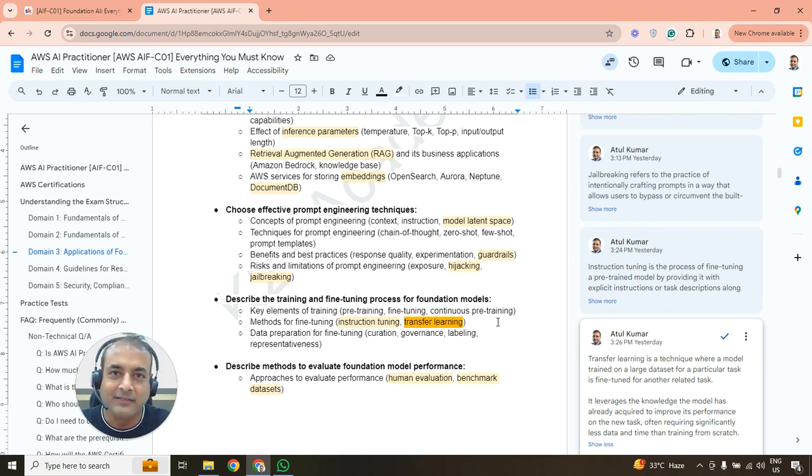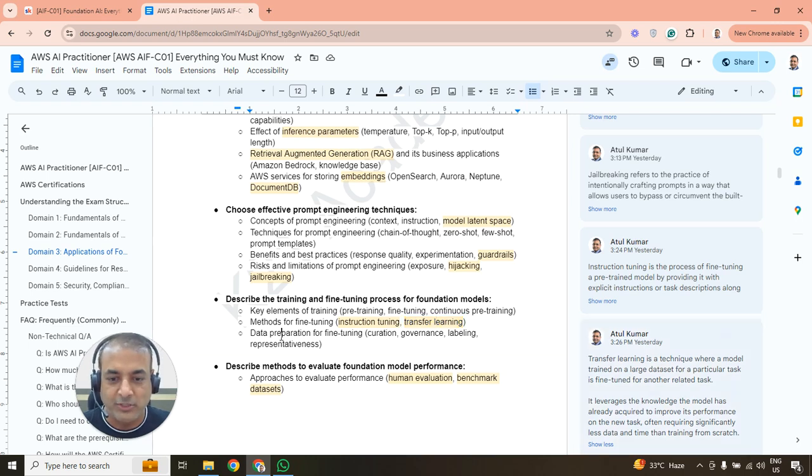Transfer learning is basically where the technique used for one model or a large data set is fine-tuned for another related task as well. I'm going to keep this short and crisp, and we'll go deeper into them a little bit later.